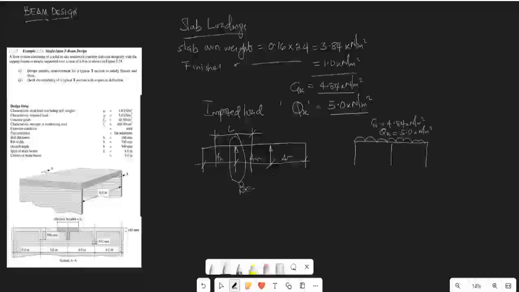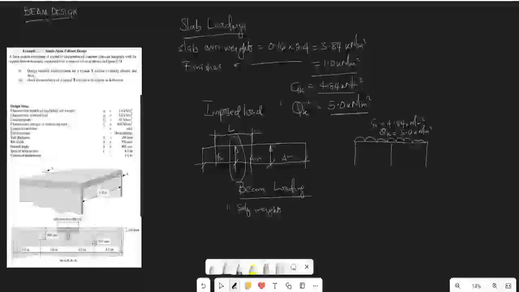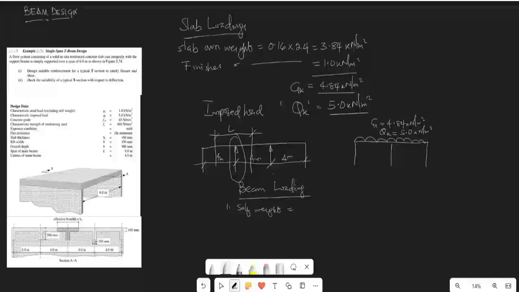For the beam loading, don't forget that the first thing you are going to have is the beam self weight. If you check through the figure below, the dimension of our beam is 500 mm deep. Since we have already calculated the weight of the slab, we don't want to calculate the same thickness of slab again for the beam.